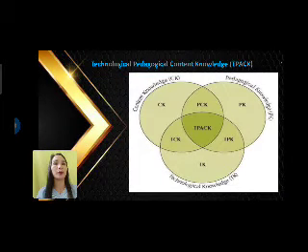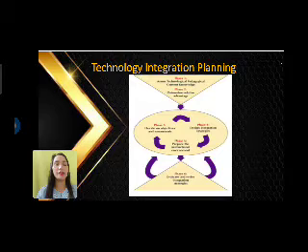So we come now to technological pedagogical content knowledge or the TPACK. So here is a Venn diagram of a TPACK. And then we come now to technology integration planning. So there are 6 phases for this. Phase 1, assess technological pedagogical content knowledge.